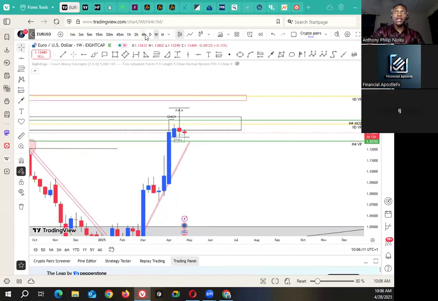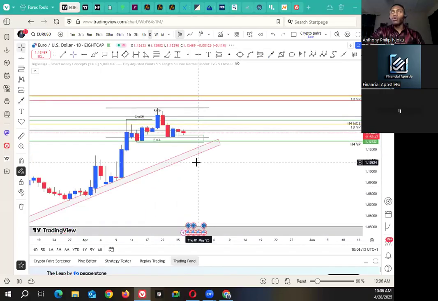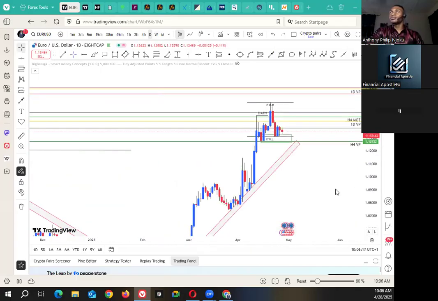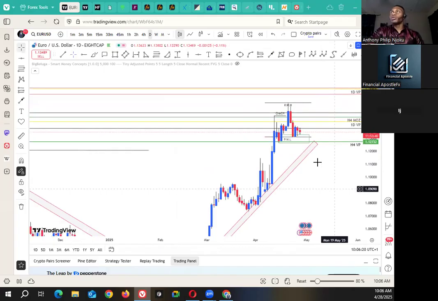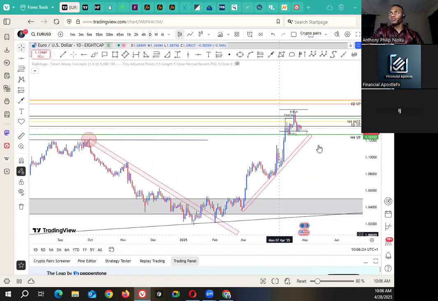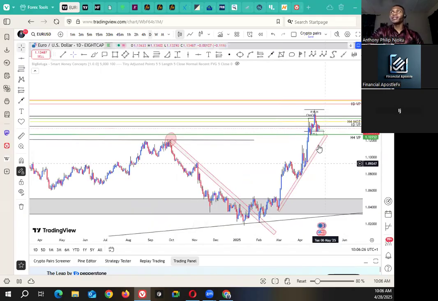So with that in mind, we'll go to the daily time frame. What we do on the daily time frame is look at the structure, the supply and demand zones, and as well the prevailing trend lines.